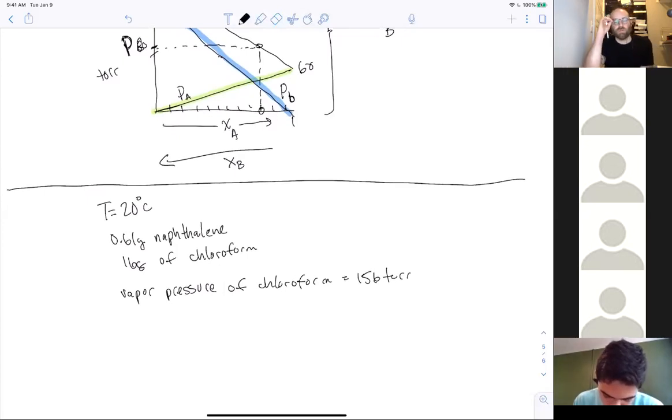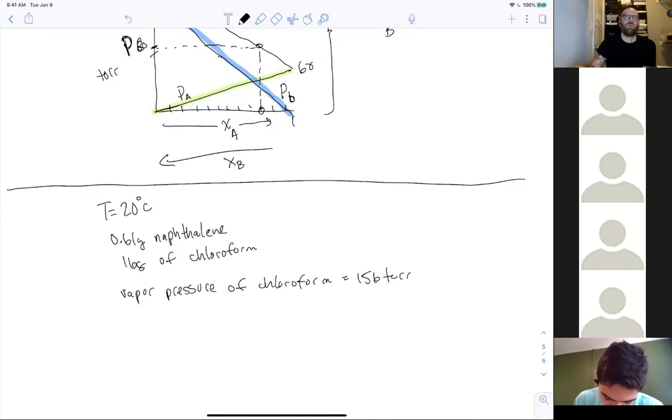So you know it's going to lower the vapor pressure, which is equivalent to raising the boiling point. Let's see.